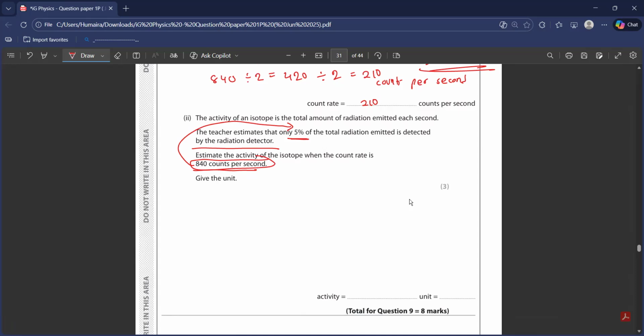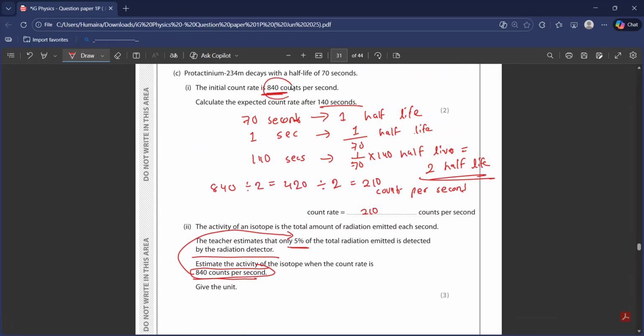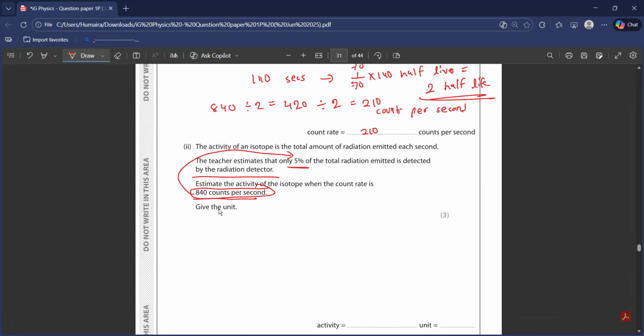Whatever radiation was being produced, the teacher is estimating only 5% of it. Here it says 840 counts per second, that is the 5% the teacher detected, out of the 100%. You are asked to find 100% of the activity.